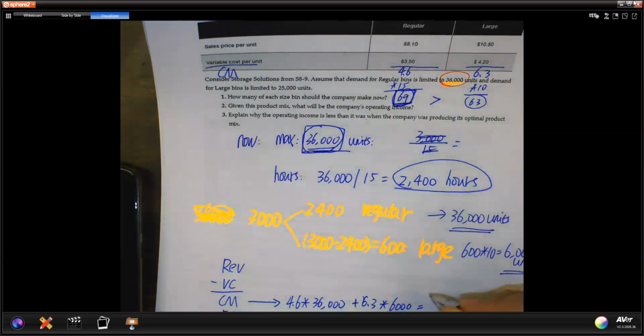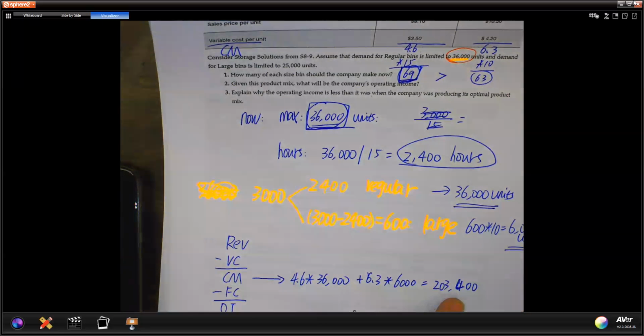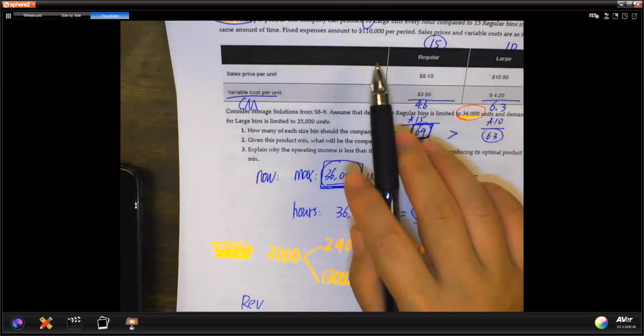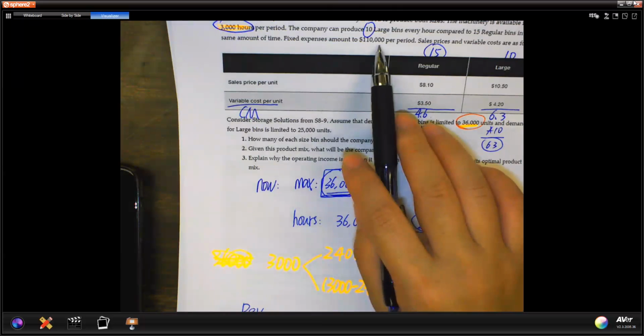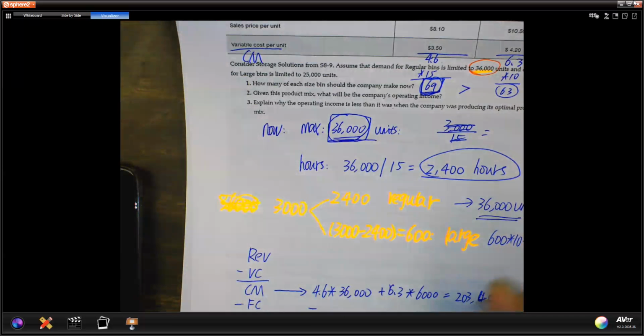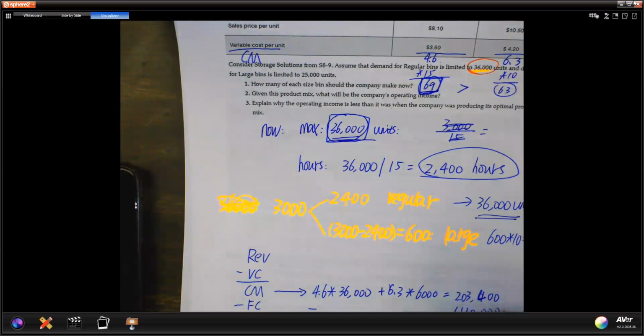So our total contribution margin will be 203,400. And then total fixed cost is 110,000. So that is minus our fixed cost, 110,000. So that gives us 93,400 as our total operating income.